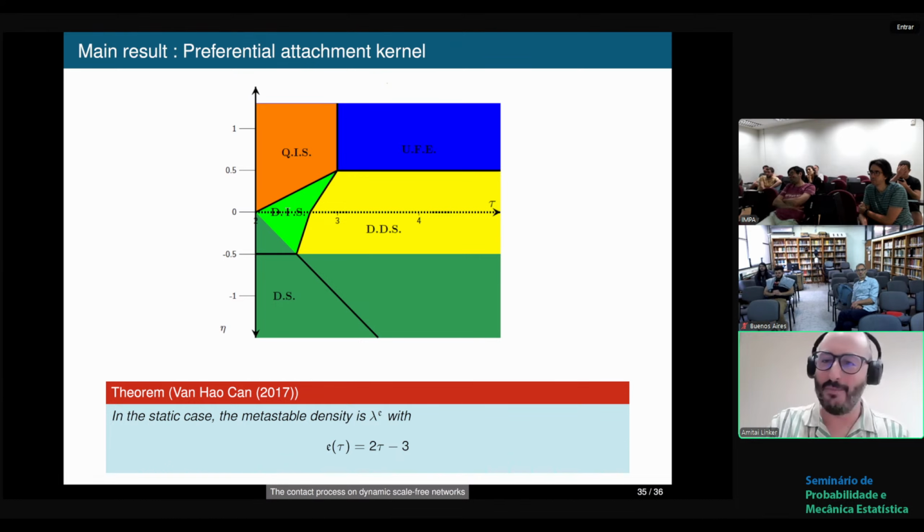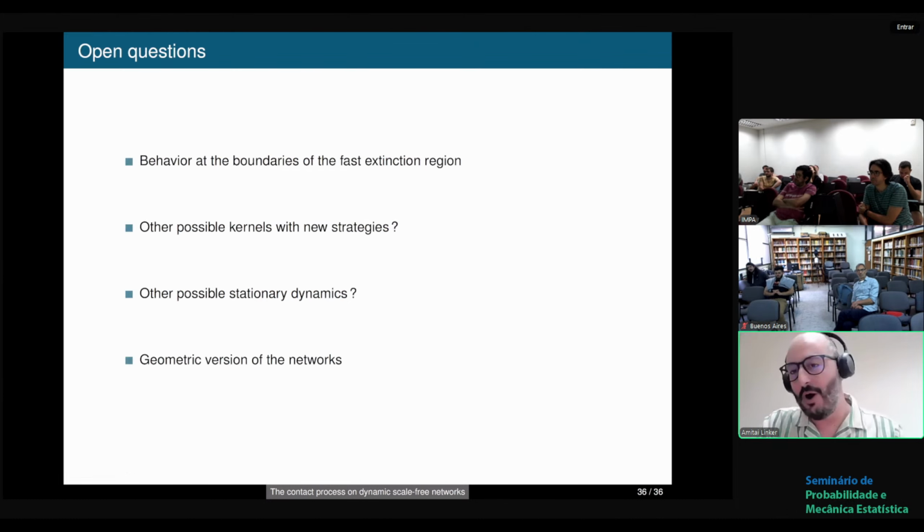Okay, I'm really sorry to take so long and not covering everything I wanted to cover, but some open questions. What is the behavior at the boundaries of the fast extinction region? This is something that, of course, we haven't looked at. Other possible kernels with new strategies. Other possible stationary dynamics that we could cover with our techniques.